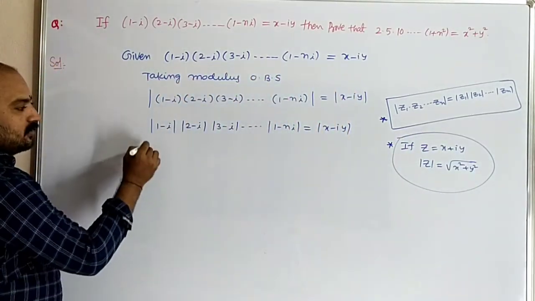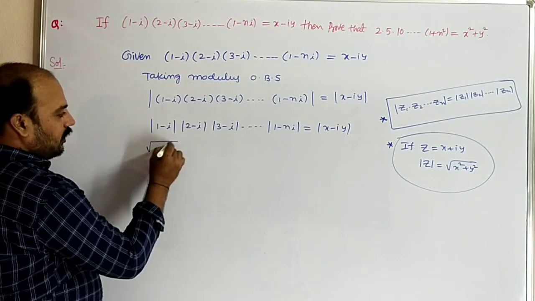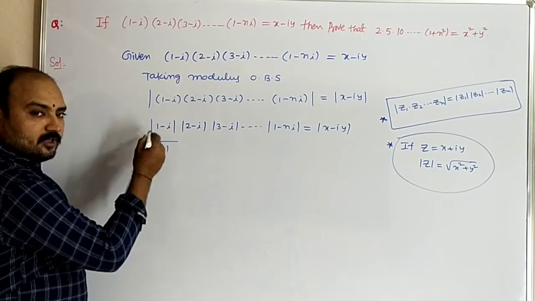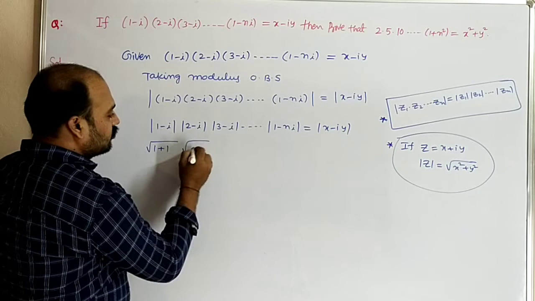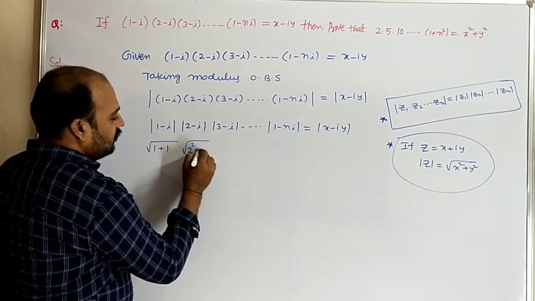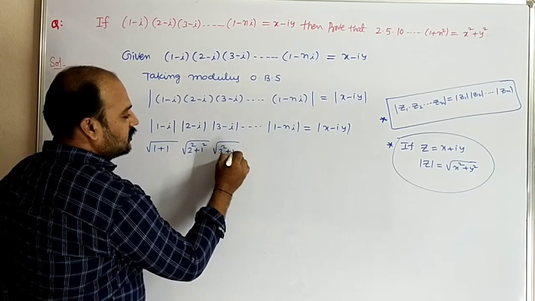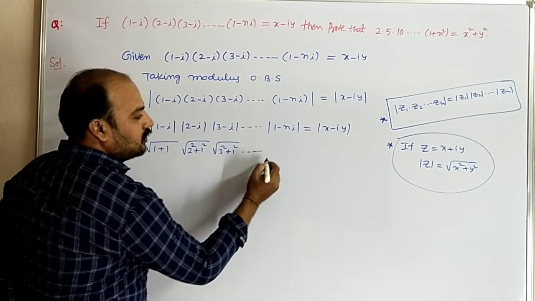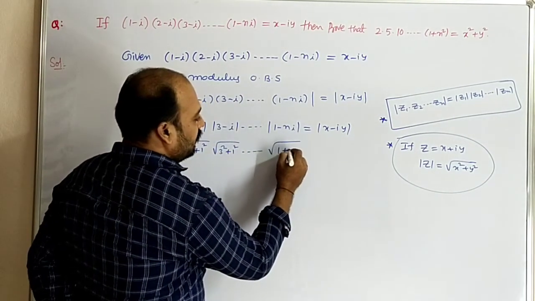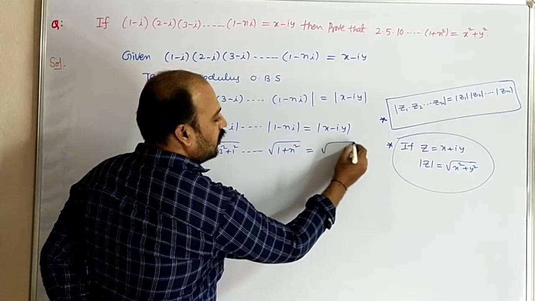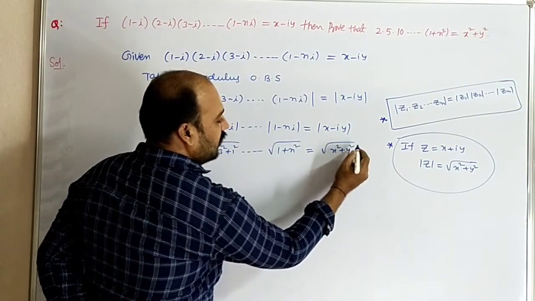So here, square root of 1 square plus 1 square, square root of 2 square plus 1 square, square root of 3 square plus 1 square and so on, square root of 1 plus n square is equal to square root of x square plus y square.